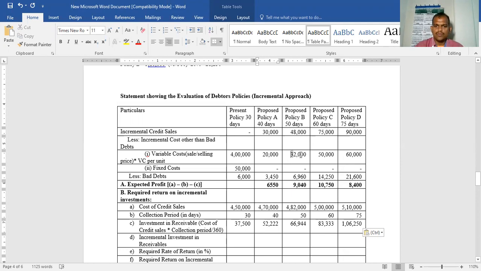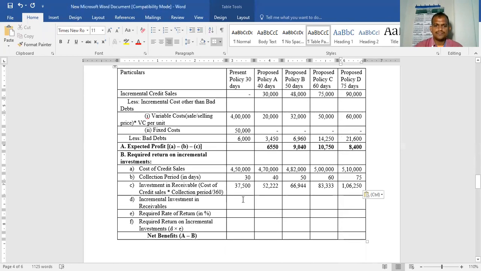Here also 4,32,000 plus 50,000, 4,82,000. 4,50,000 plus 50,000, 5 lakhs. 4,60,000 plus 50,000, 5,10,000. We are considering total cost because we are calculating the required return.